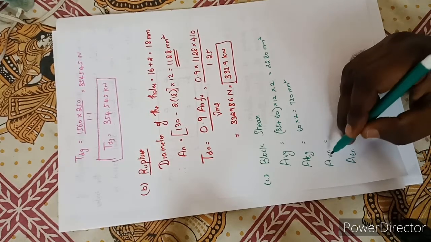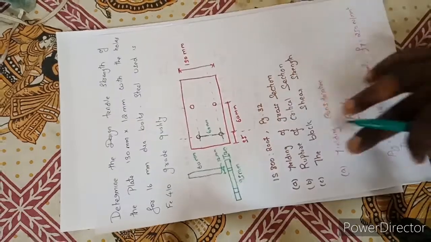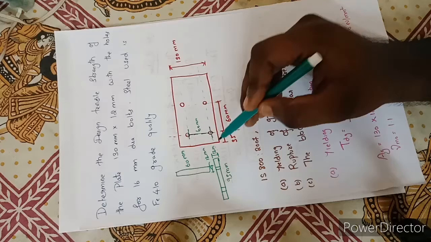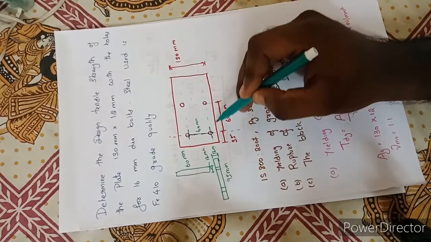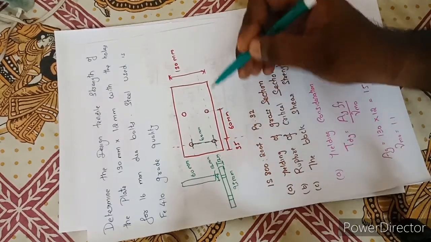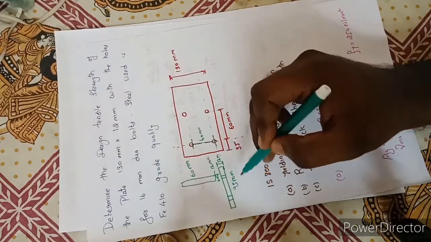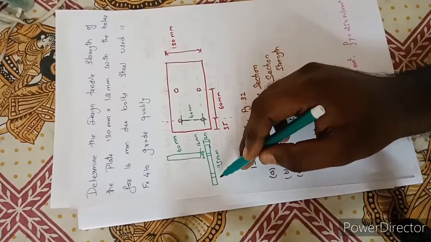net area along the shear plane. Net area along the shear plane means I have to subtract all my bolt hole areas from the overall length. Overall plane is 95 by 12, but I have to subtract.